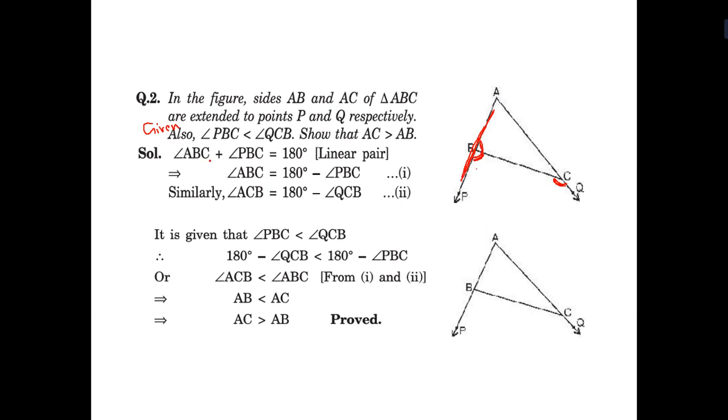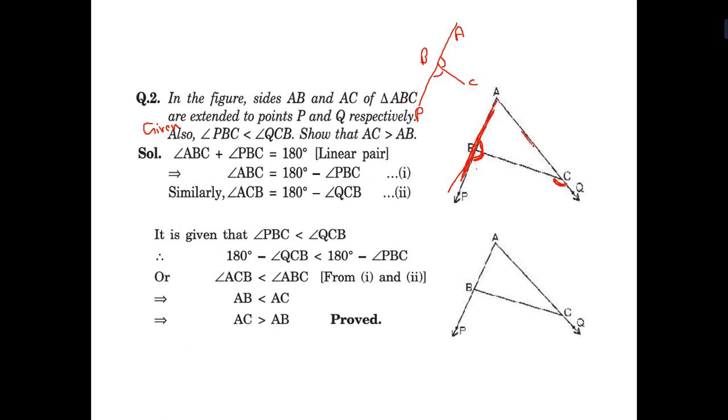So ABC plus PBC is equal to 180, linear pair. Here A, B, C, and here it is P. Therefore, ABC is equal to 180 minus PBC.